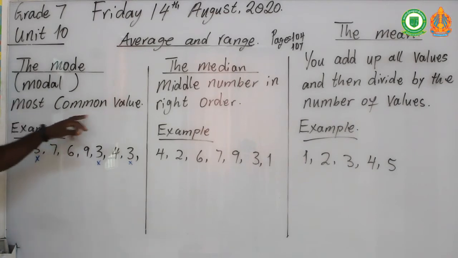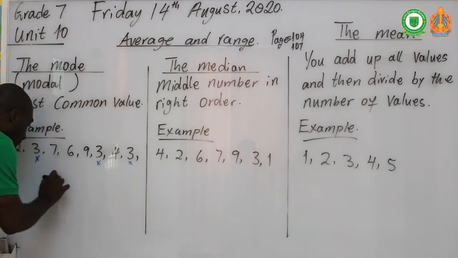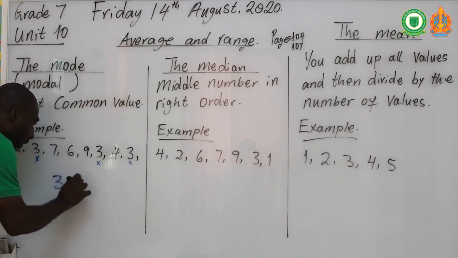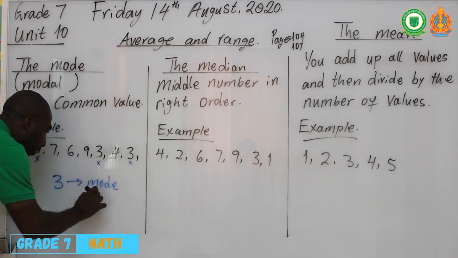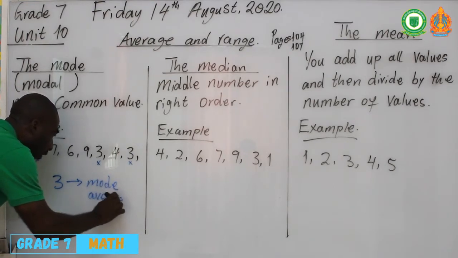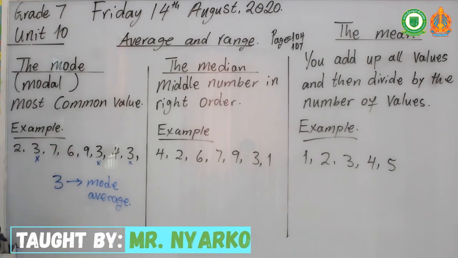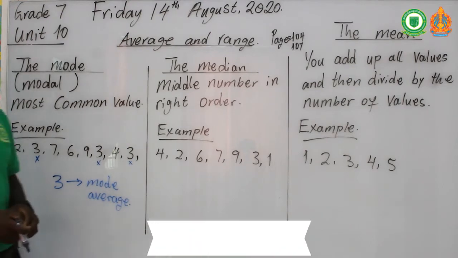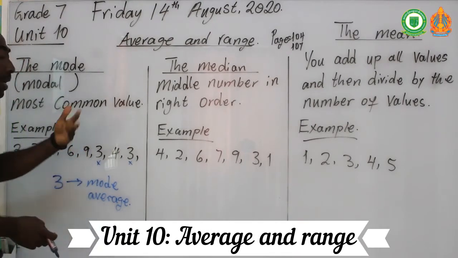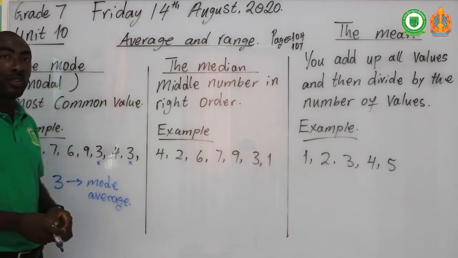So the most common value is 3, so 3 becomes the mode average because it is appearing more over here. Please understand that when we say the mode average, it means the number that appears frequently or more in your statistics or in your list.